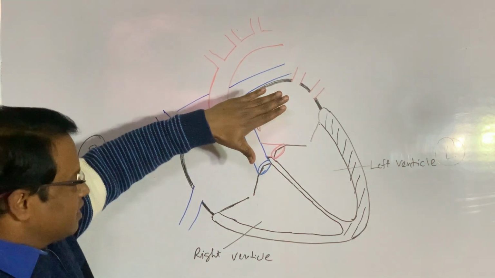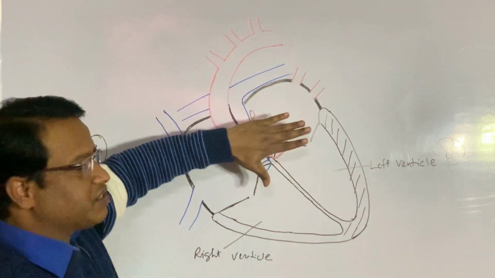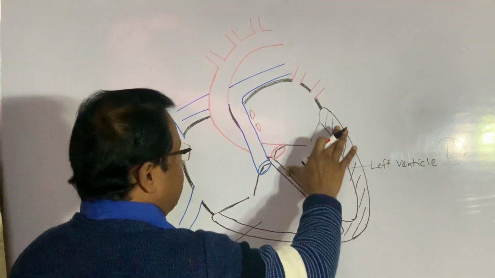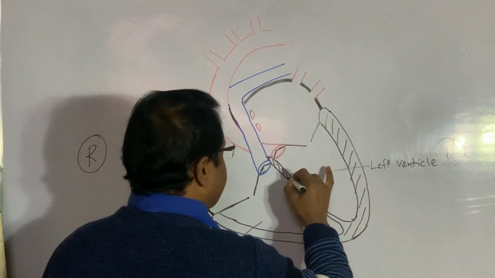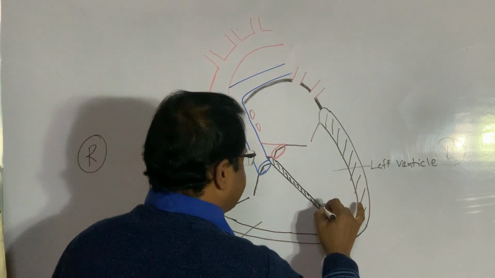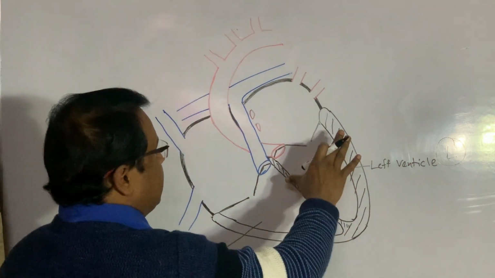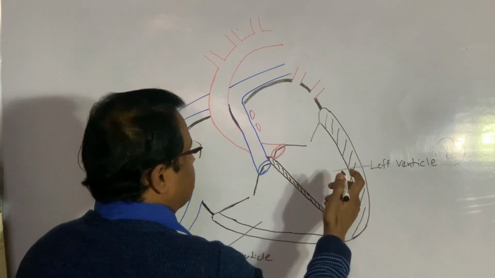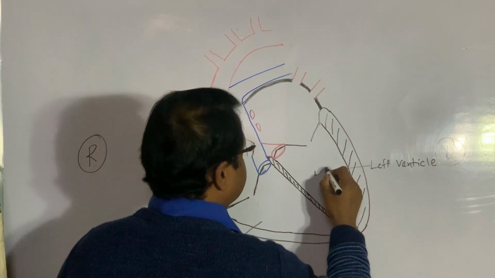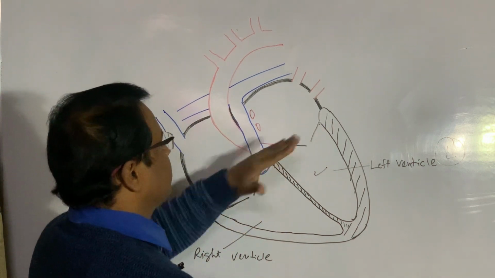If we see the anterior surface of the heart, just behind the sternum, that is the left ventricle, and that is the interventricular septum. The left ventricle is a chamber, and it has 2 valves.